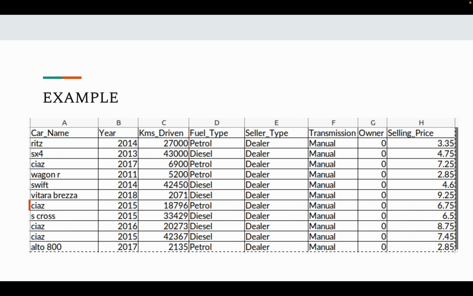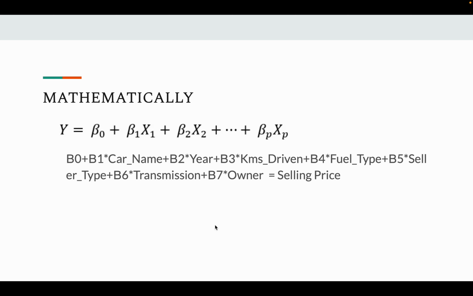Using this example, we can rewrite this as β0, and β1 into car name, β2 into year, β3 into kilometers driven, β4 into fuel type, β5 into seller type, β6 into transmission, and β7 into owner.